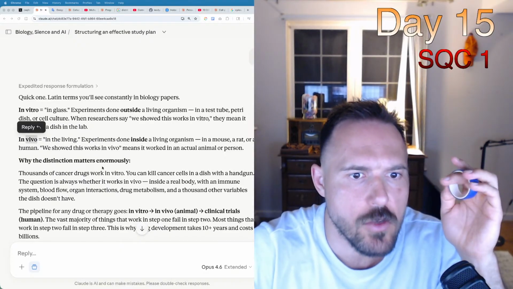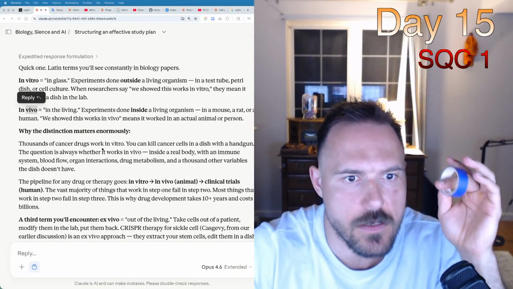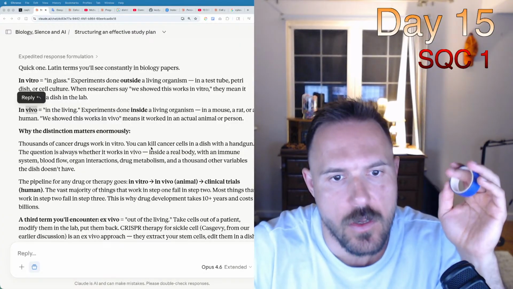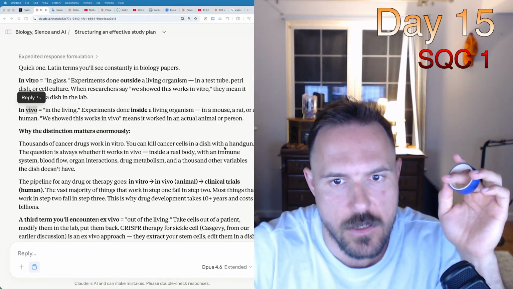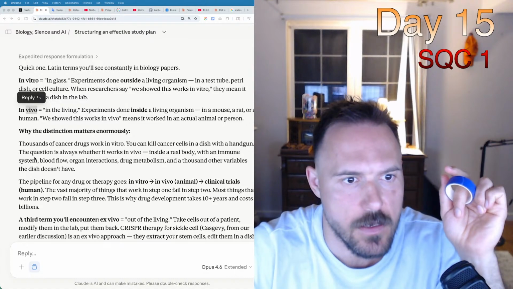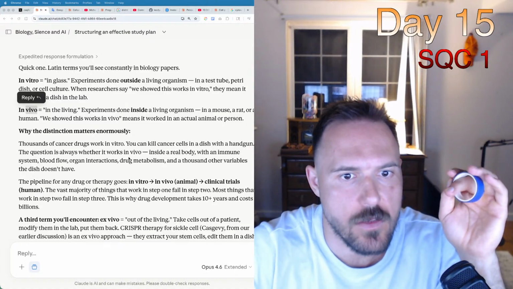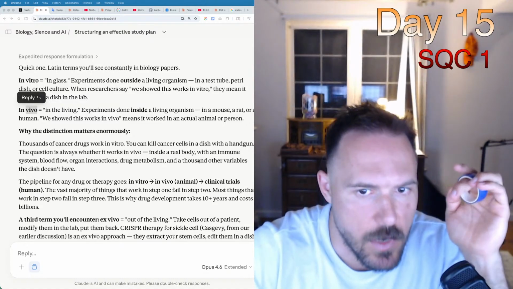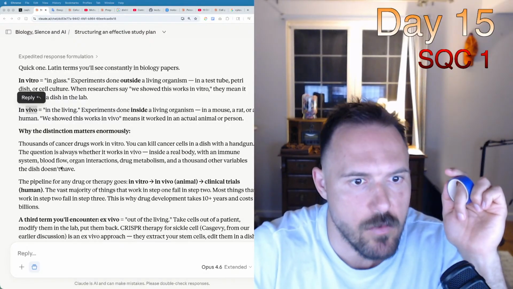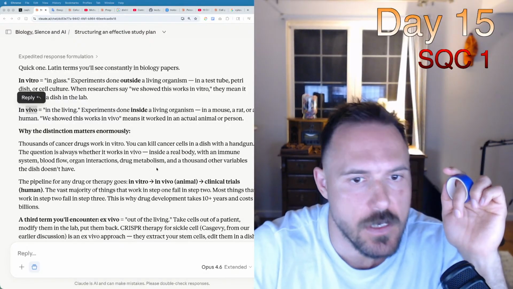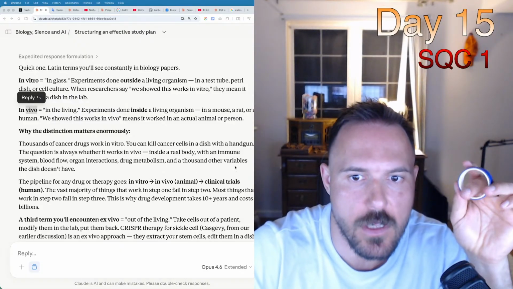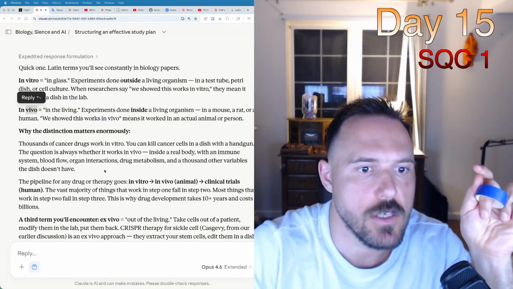Why does the distinction matter enormously? Thousands of cancer drugs work in vitro. You can kill cancer cells in a dish with a handgun. The question is always whether it works in vivo, inside the real body, with immune system, blood flow, organ interactions, drug metabolism, and thousands of other variables that a dish doesn't have.